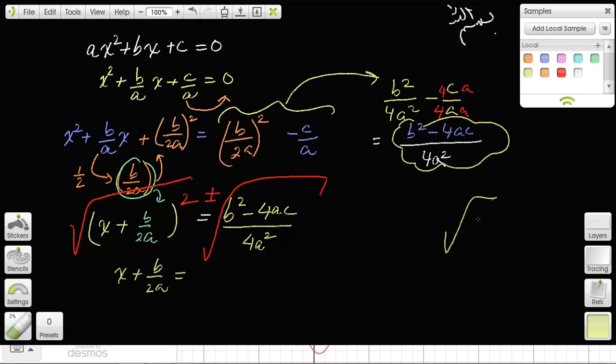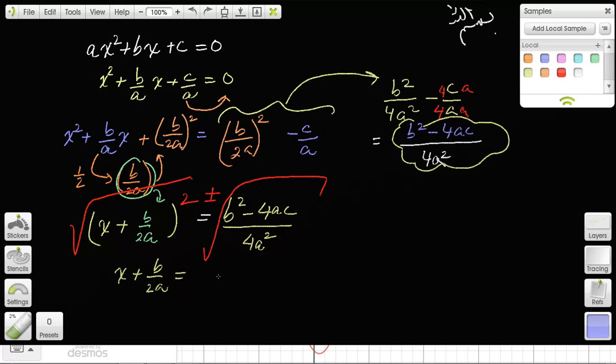Now, if you have the square root of x over y, you can divide that into the square root of x over the square root of y. If you have a square root of a fraction like this, you can divide it up into two. So that's what we're going to do over here.